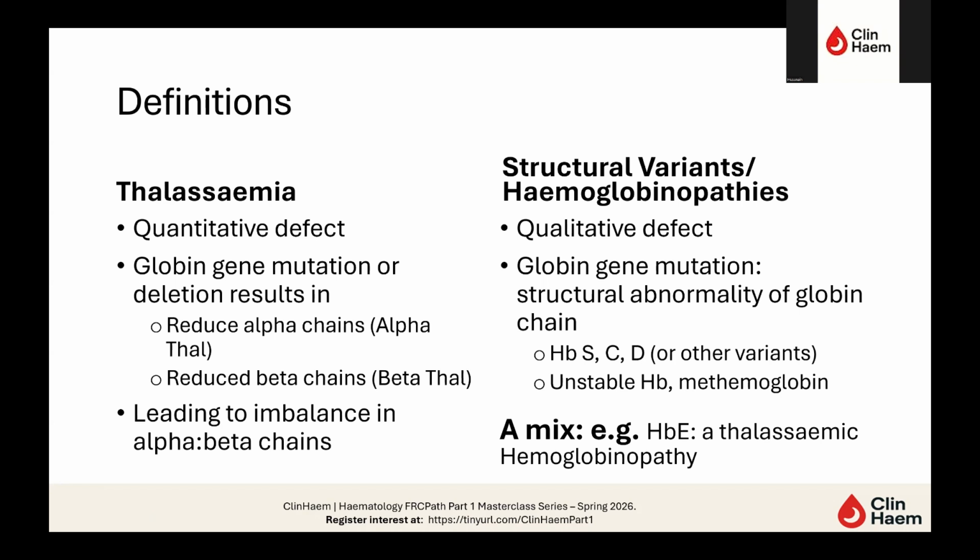So say hemoglobin E. And whatever you see on this slide, a person can have a mix and match of different things. So alpha with HbS, alpha with HbC, beta with HbS, beta with HbC. So basically they can have a mix and match. And as you can see how complicated it can get, that's why, as I said, it would be as complicated as you want it to be. But with this session, I will try to keep it simple and build upwards towards the complexities of alpha and beta thal.